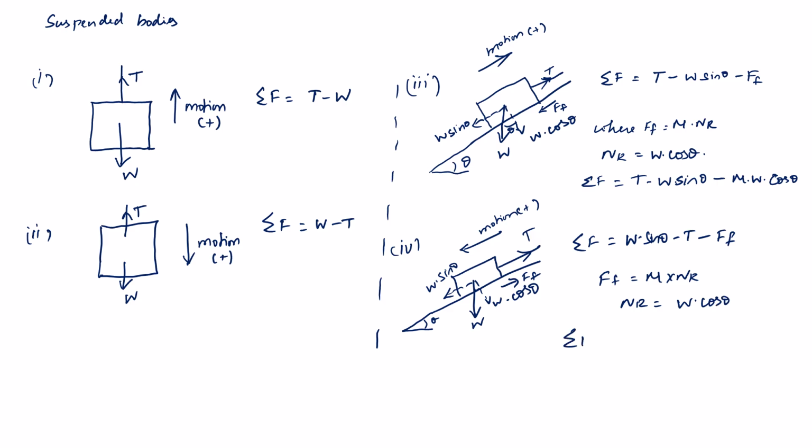So when you expand, it is W sin theta minus T minus mu into W cos theta. These are the various cases that will be dealt with when dealing with suspended bodies.